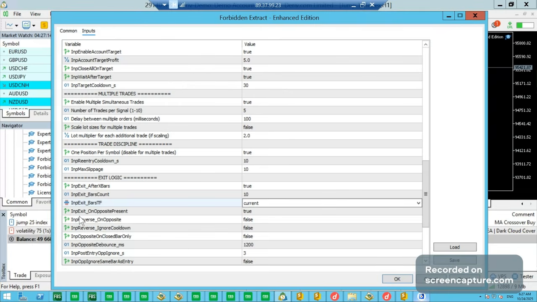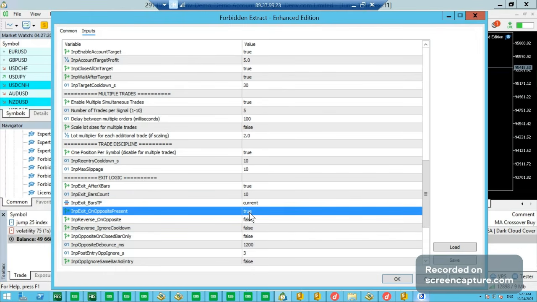And we have input exit on opposite present. So once we set this on, that means immediately there is an exit signal, as in there is an opposite signal in the market, the EA will exit that signal.